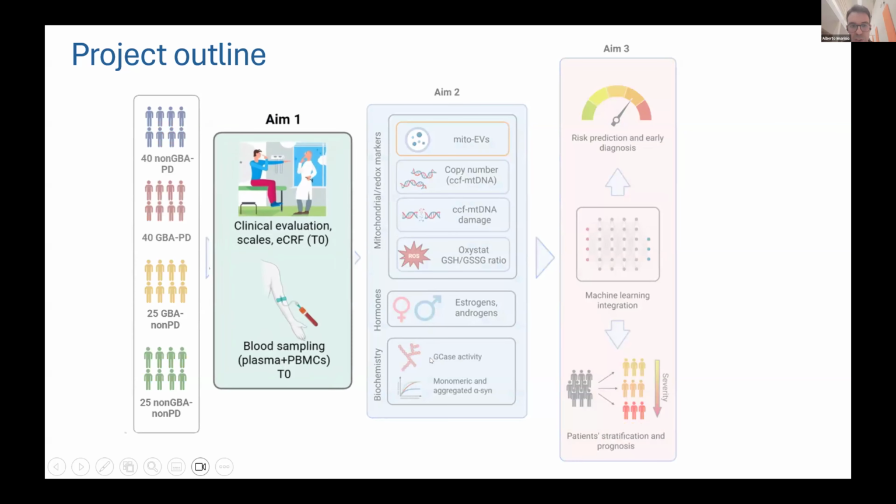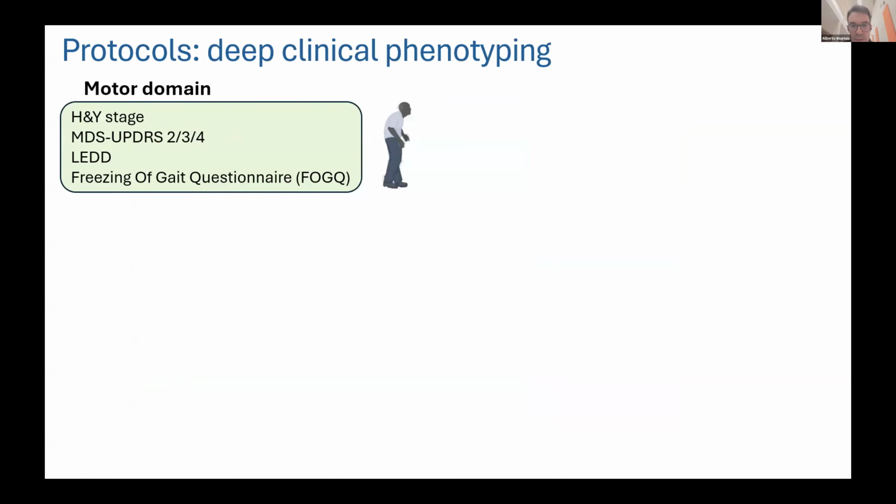And focusing on Aim 1, I want to share a brief outlook of the protocol we are using to evaluate our patients.